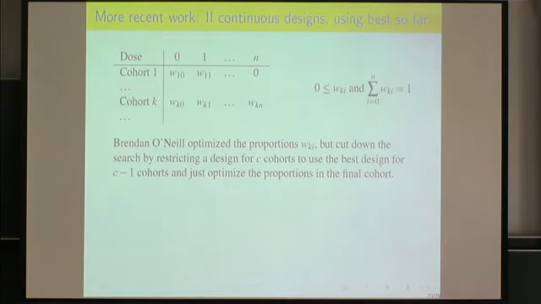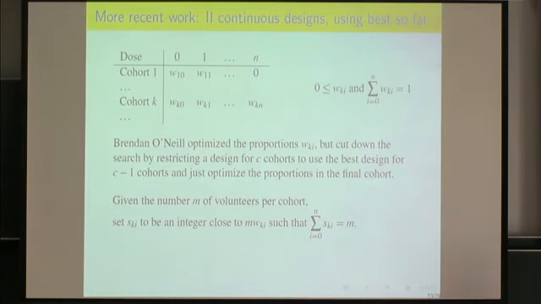But if you look at that table, you've got a lot of proportions to optimize over, and to cut down the search, because as I say this was just a short MSc project, we said, okay, we'll work on what I call best so far. So when you're looking at cohort C, you use the best design you've already found for C-1 cohorts, and then just optimize the proportions in the final cohort.